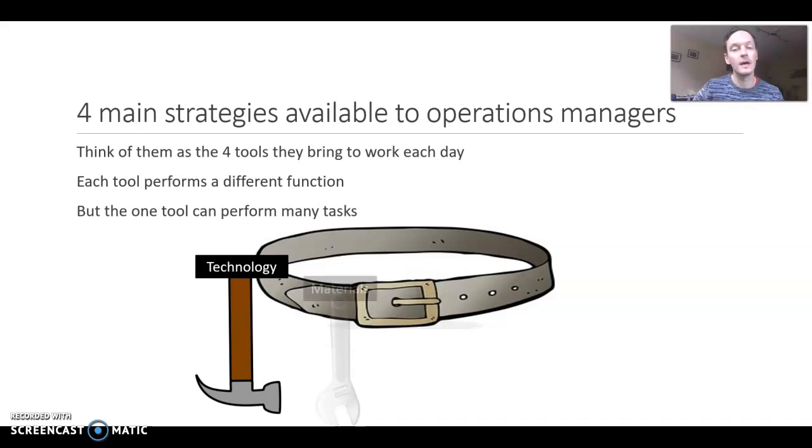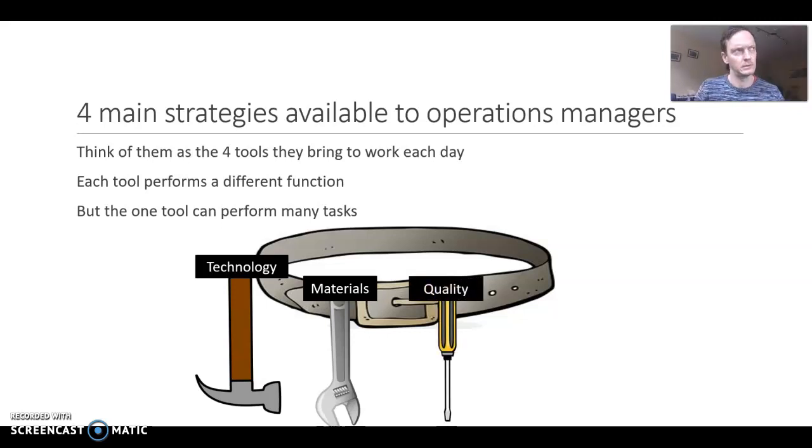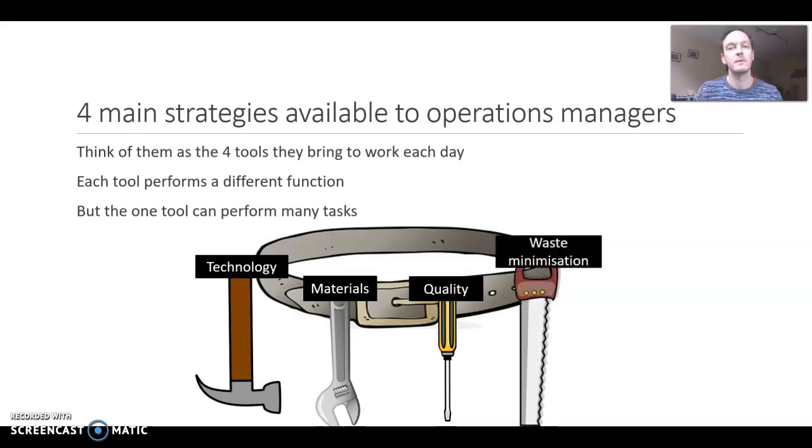Just like the other tools, there are 4 things in the study design that the materials management strategy does. There are, I think, 3 quality sub-strategies. And with waste minimization, there are lots of ways that the business can minimize waste, mainly through lean management.